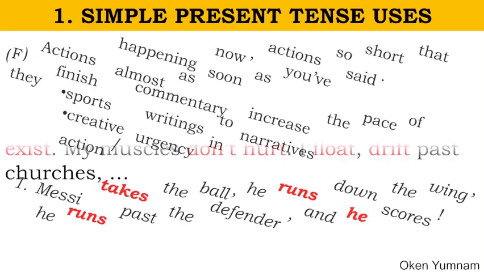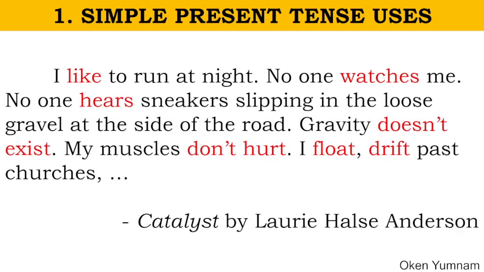Now coming to creative writing here, let's have a look. I like to run at night. No one watches me. No one hears sneakers sleeping in the loose gravel at the side of the road. Gravity doesn't exist. My muscles don't hurt. I float, drift faster. Okay, this is the beginning of the book Catalyst. It's a small novel.